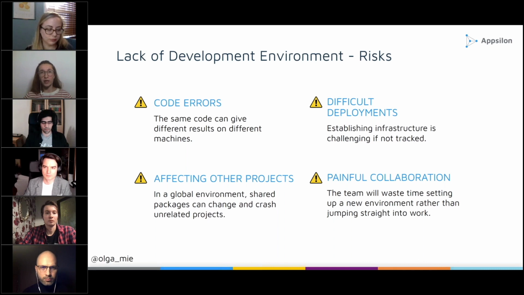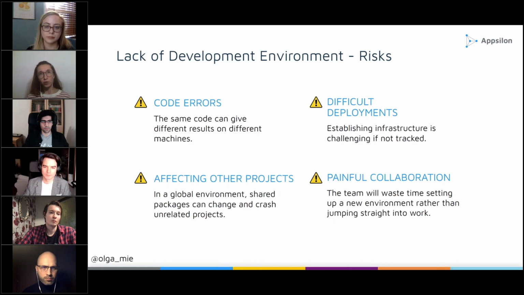Otherwise, you can end up with the same code giving different results on different machines. Other projects can be affected, as in a global environment, a shared package can change and crash an unrelated project. You can imagine the deployment is long and difficult, as establishing infrastructure is challenging if it's not being tracked. And last but not least, the team will waste time setting up a new environment rather than jumping straight to work.